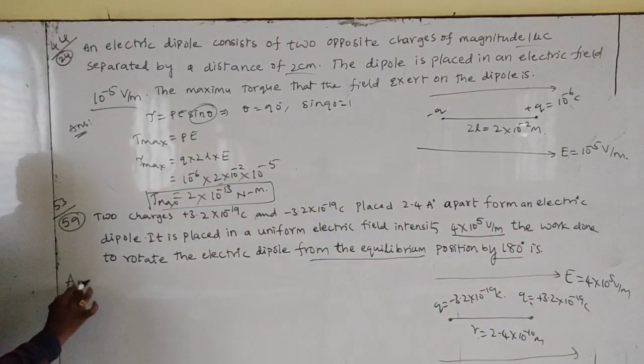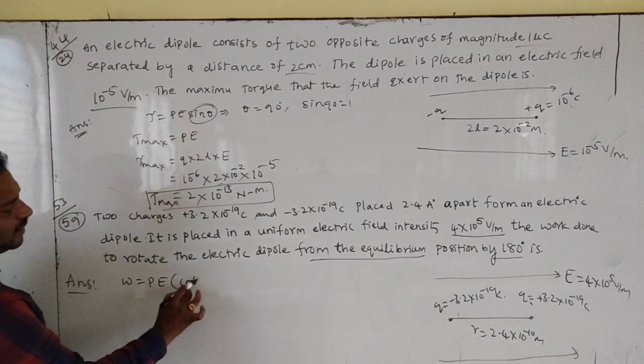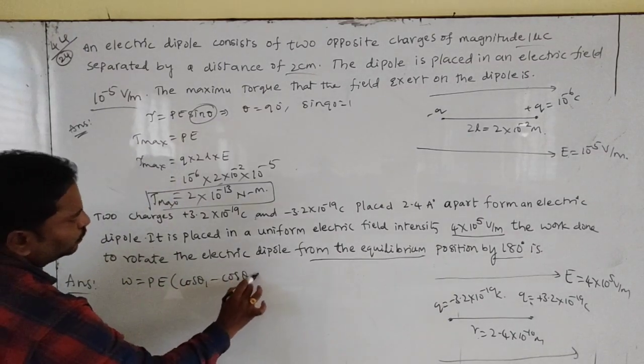So what is the work done formula? Work done equals pE (cos theta 1 minus cos theta 2).